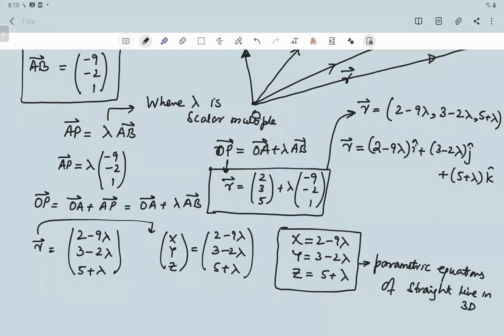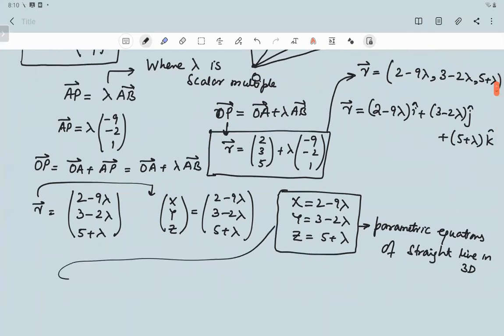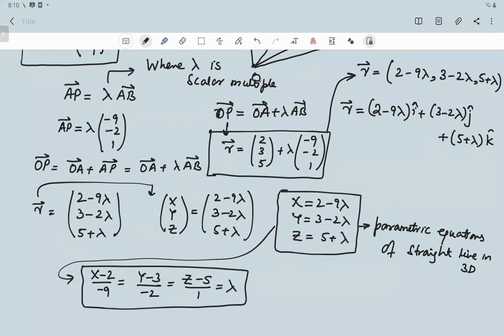We can make lambda the subject from each of these three equations, and we can write it like this. And this equation is called the Cartesian equation of a straight line.